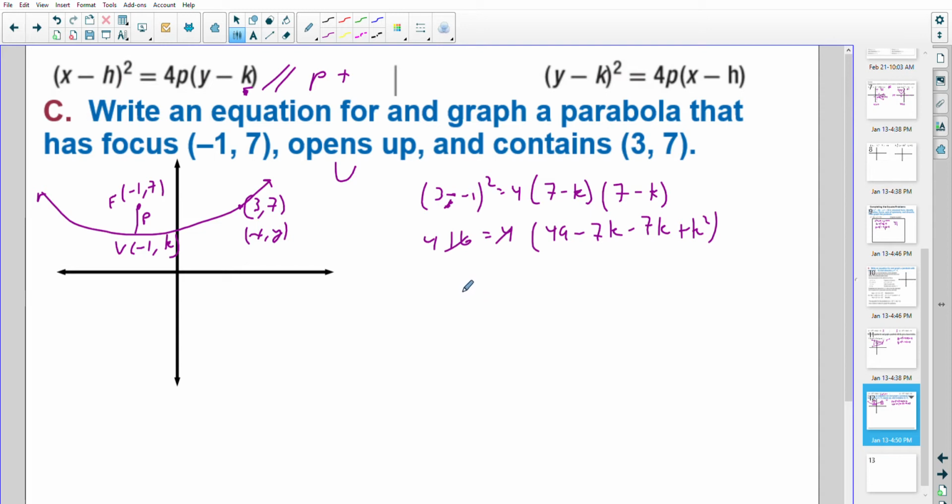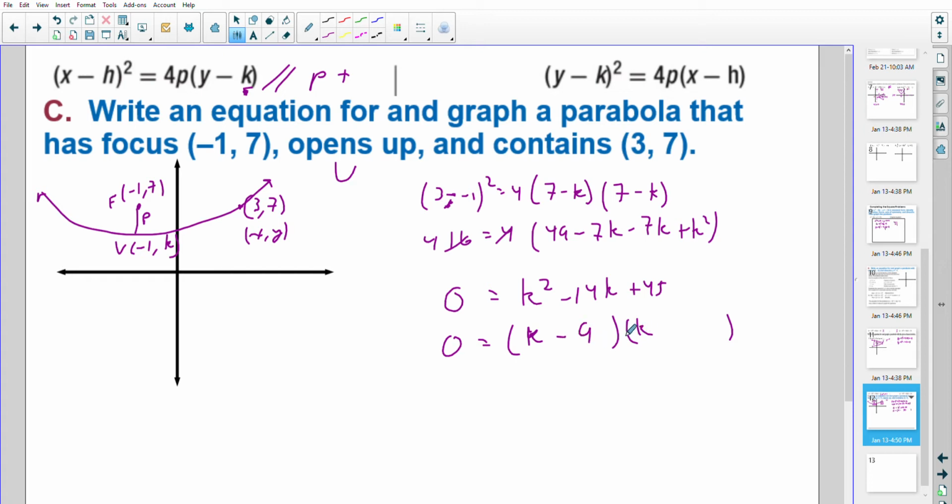And then I want to get everything on the right side and put it in the correct order. So I have k squared minus 14k, and then it's going to be 49. Subtract off 4, so that's equal to plus 45. And therefore now I want to factor it out. And when I factor, usually they factor down quite easily because there's so much room for error in this problem that they give you a break on the factoring.